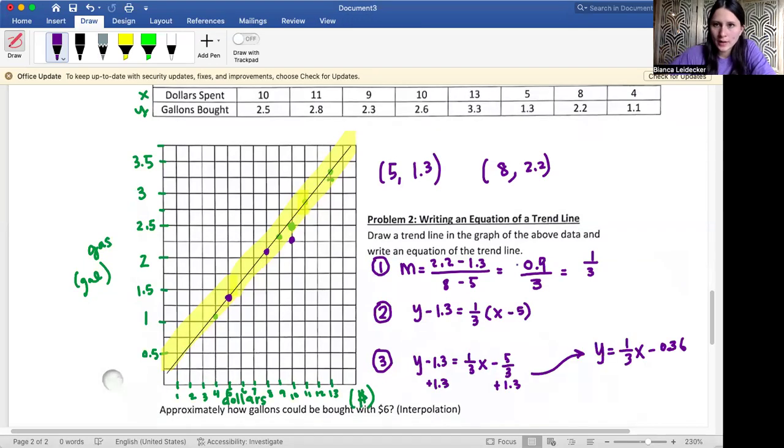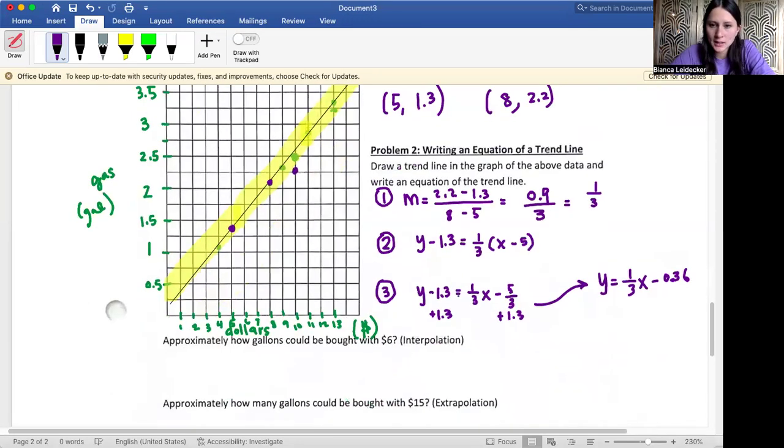Okay, so I've kind of worked ahead and jumped through all my work. When you distribute this 1/3 in, you can also rewrite this as a decimal since we do have decimals appearing, which would be 1.6 repeating. And so when I add 1.3 on both sides, I get a negative 0.36.